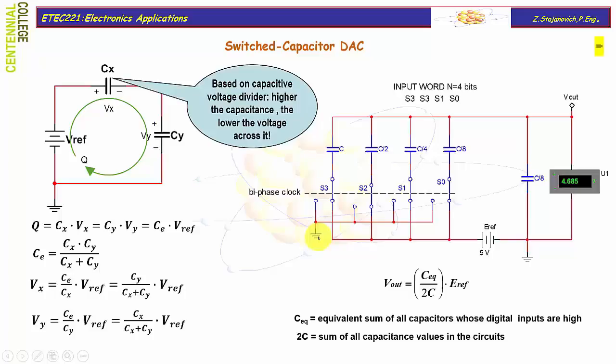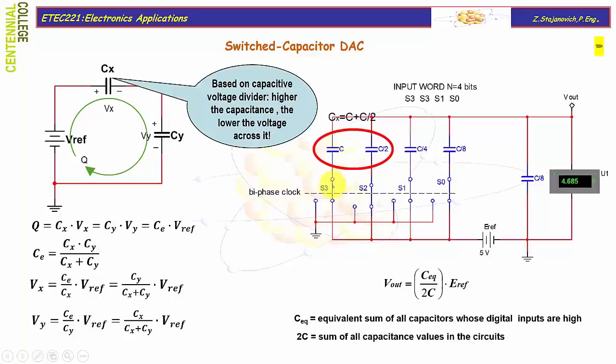In the second half of the clock, all switches with assigned logical high connect EREF to the corresponding capacitors, while others remain connected to ground. The final effect of this action is that all capacitors with assigned logical 1 will be in parallel, and simple summation gives the equivalent capacitance.